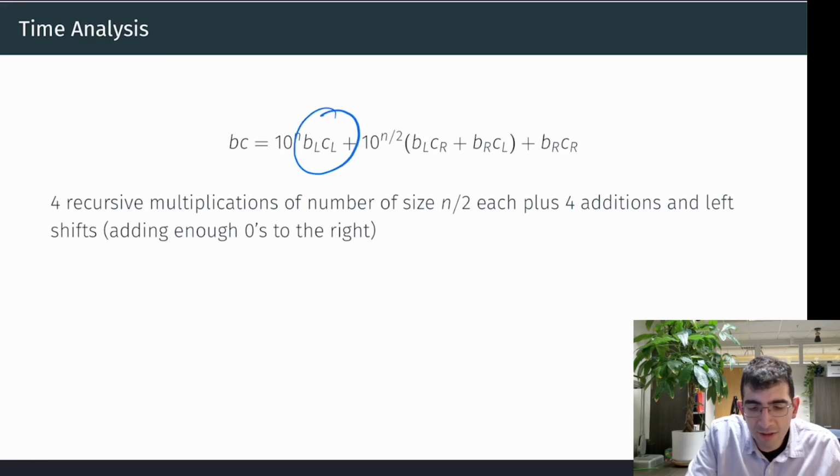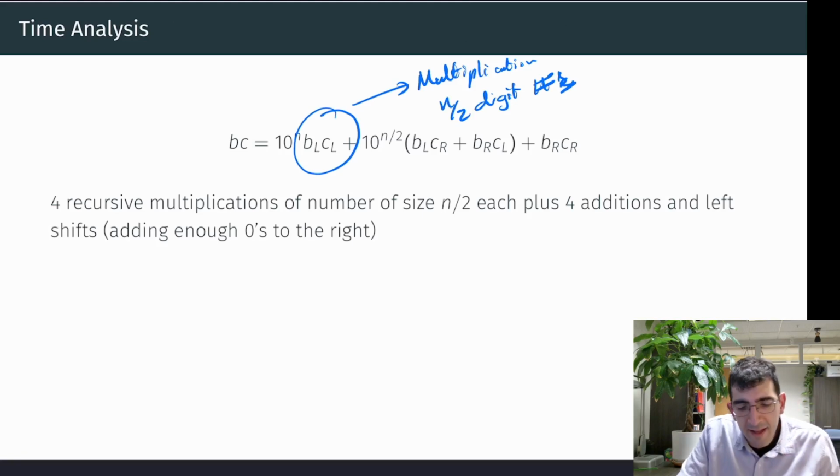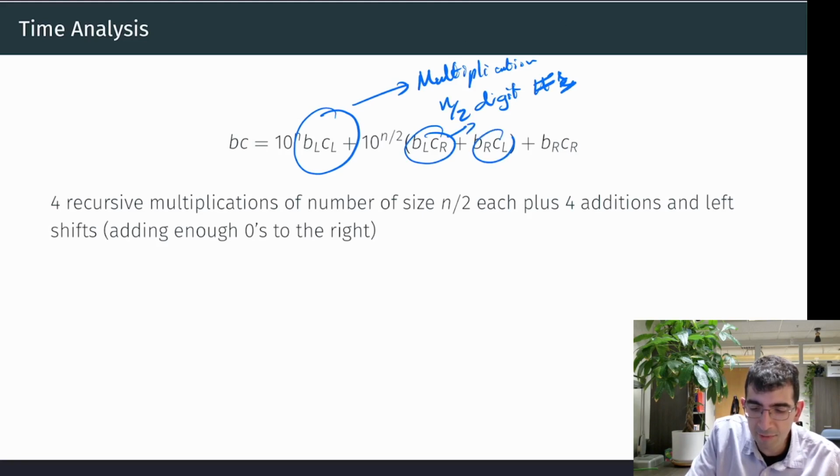Each of these multiplications is smaller because they are for n over 2 digit numbers. That's good that we break them up into smaller multiplications.